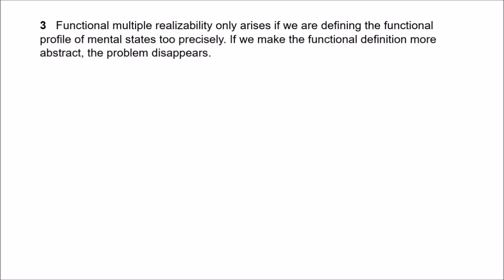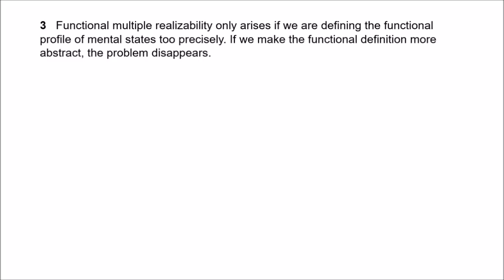Okay, a third response. Despite the causal differences that pains can exhibit, the idea is that there might be some more abstract causal properties that they share in virtue of which they're all pains. We can solve the functional multiple realizability problem by making the functional definition more abstract. So functional multiple realizability only arises if we're defining the functional profile of mental states too precisely.